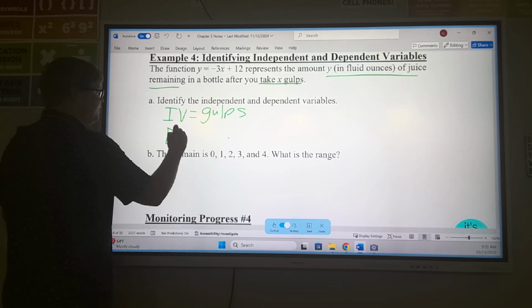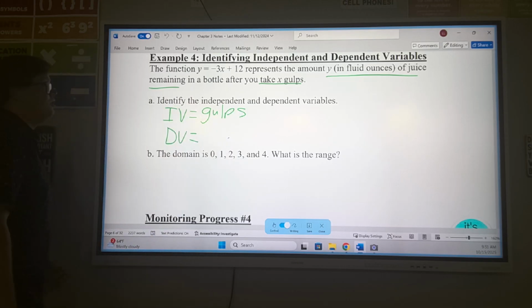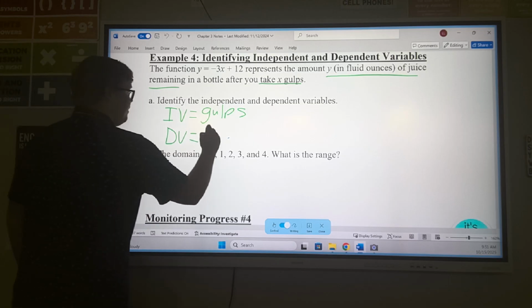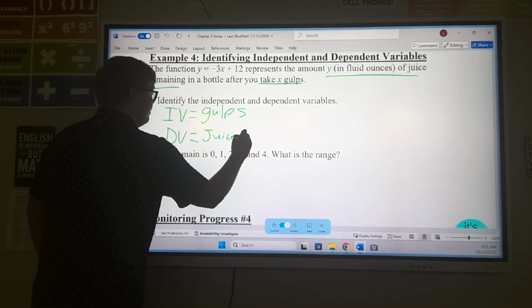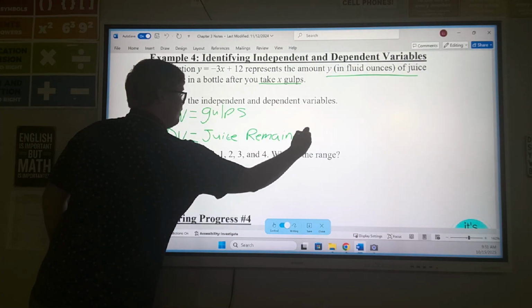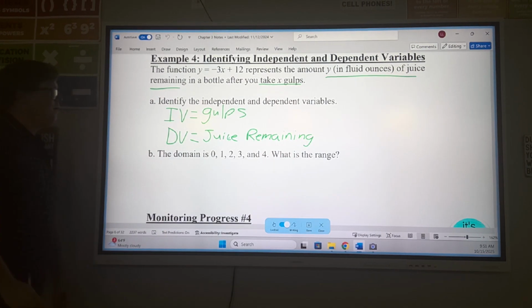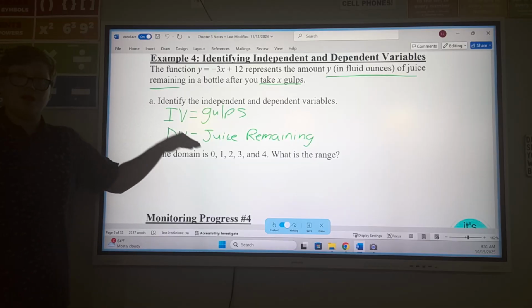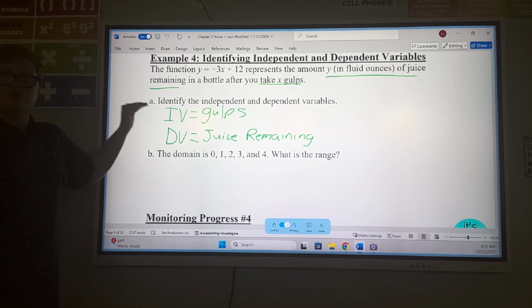Our dependent variable is going to depend on the gulps of juice, which is the juice remaining. Remember, the juice remaining in our cup or our bottle or whatever always depends on how much you drink. You can choose how much you drink, right?